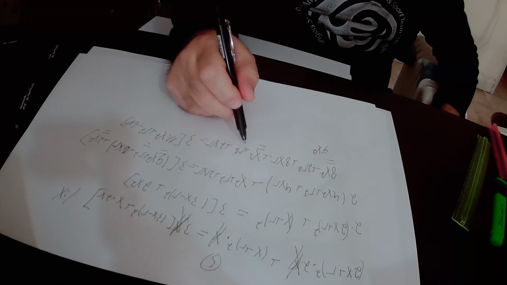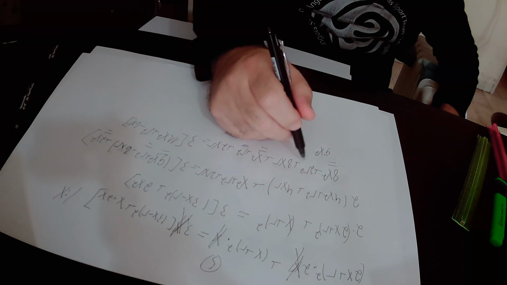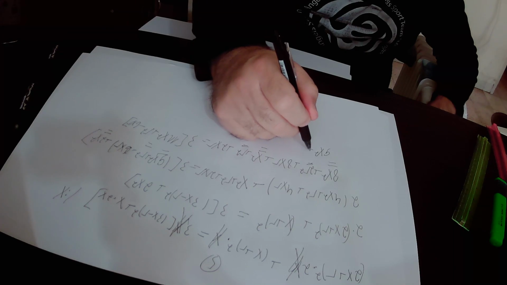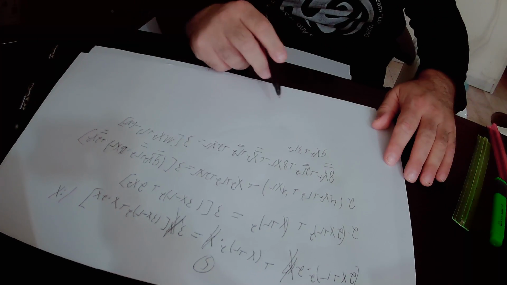We have r squared plus 2r squared is 3r squared. And we have 8xr plus 2xr is 10xr.